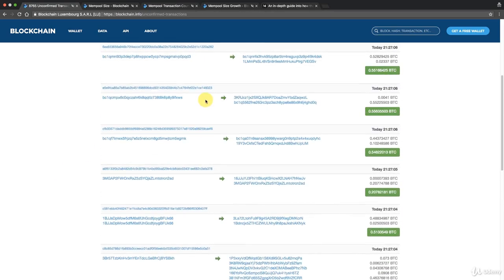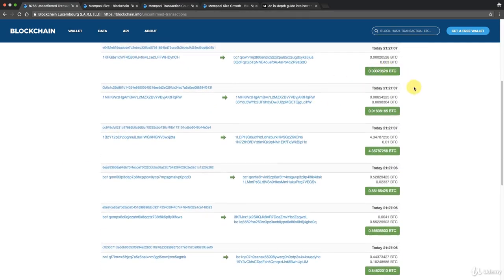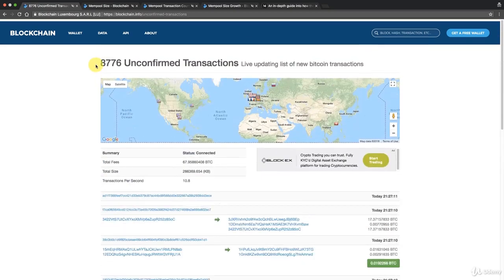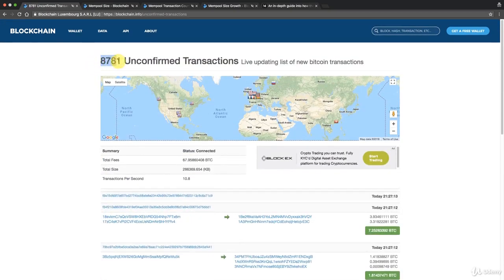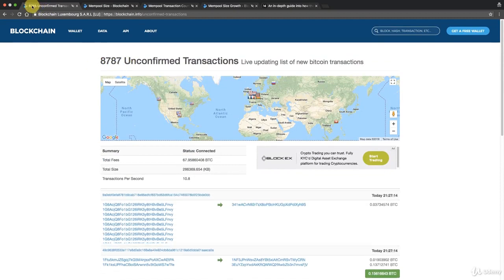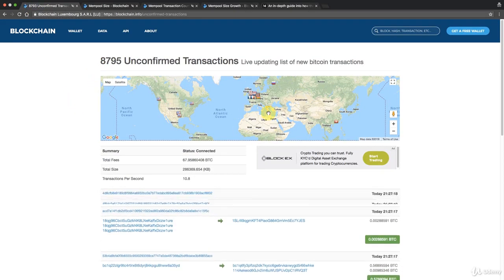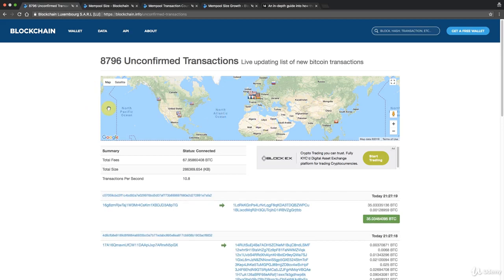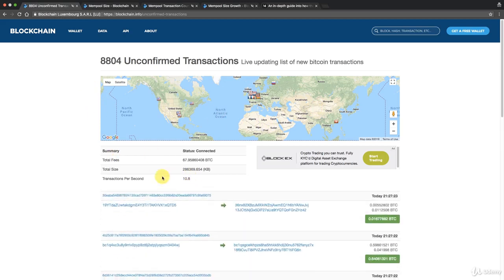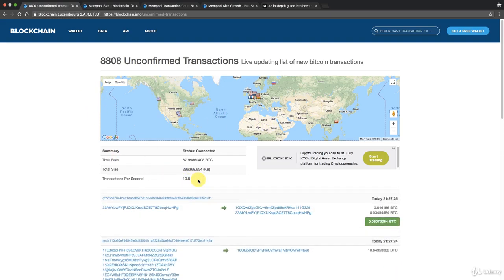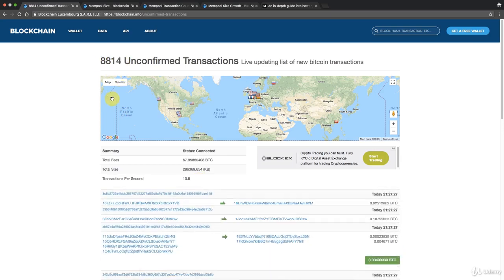You can see how they're being added. These are people transacting with each other, and as soon as they transact, these get added. Here you can see the total number of unconfirmed transactions, and it's also illustrated over there. I'm not really sure about the map, it's not very dynamic. But nevertheless, they've got some information here, transactions per second.